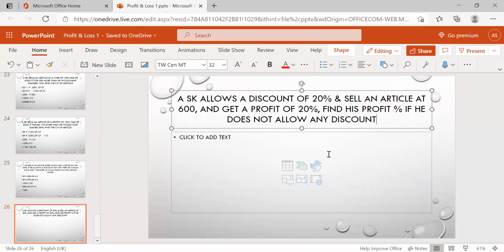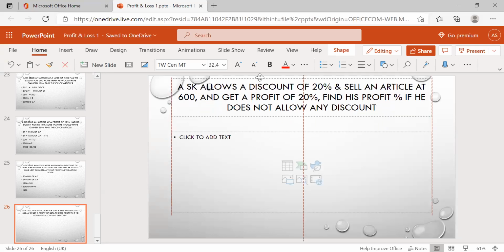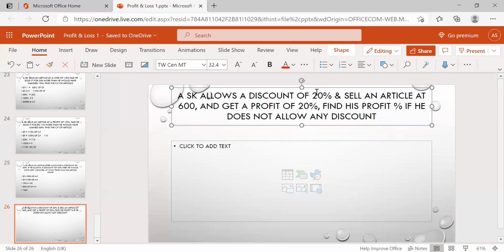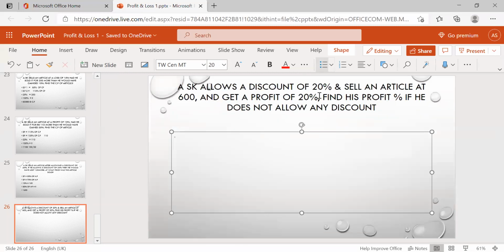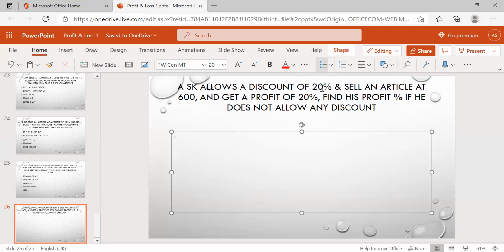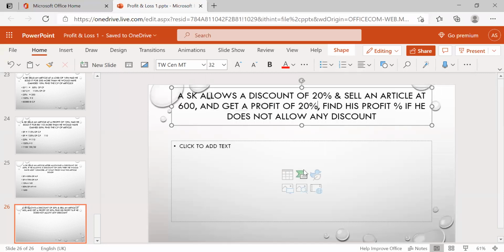What they're asking here, let's look at the problem. First, understand the problem. A shopkeeper allows a discount of 20% first of all, and then the article is sold at 600 rupees. After allowing 20% discount, he gets a profit of 20%.